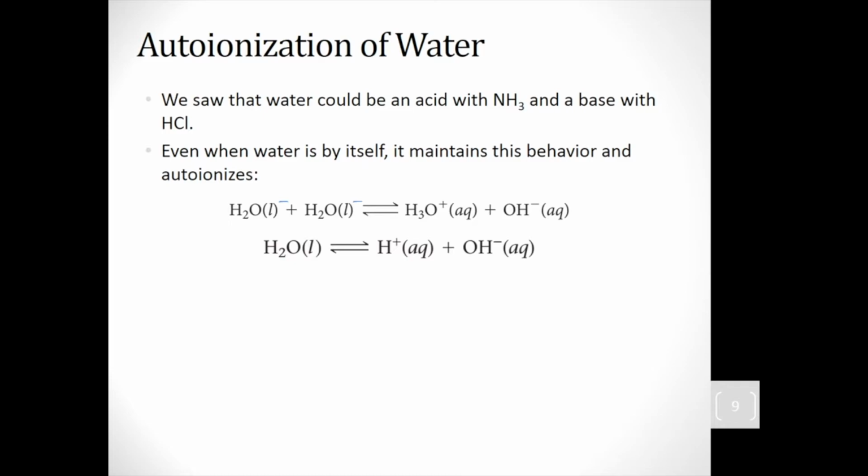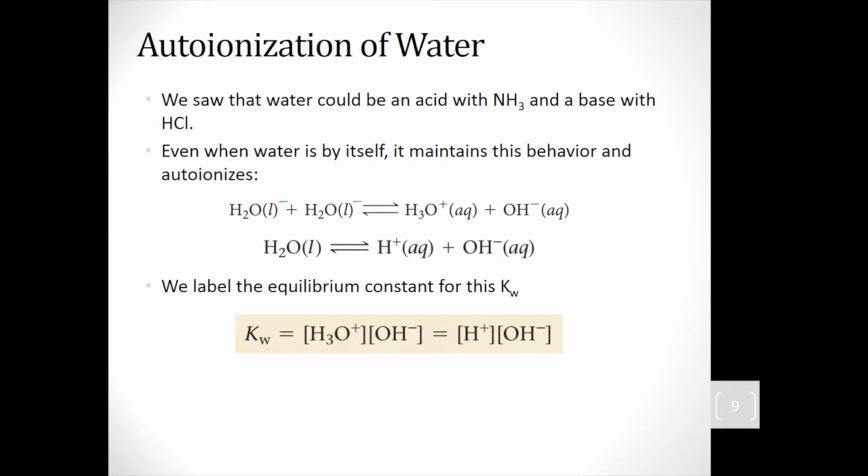So Kw at 25 degrees is 1 times 10 to the minus 14th. So really small, which you would expect. It's mostly water in water, not the H plus and OH minus. But because they have to be equal to each other, you can find the concentration of each of these by taking the square root of Kw, which gives you 1 times 10 to the minus 7th as the concentration of OH minus and the concentration of H3O plus in pure water.